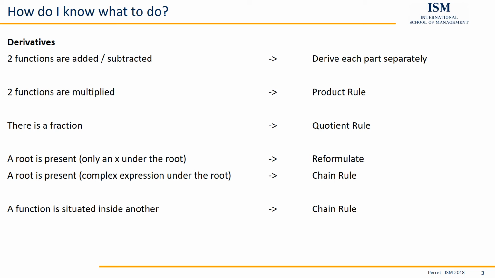So that's how you can detect where to use the chain rule. That's then all there is. You can combine two functions with plus, minus, multiplication, division, or insert one function into another. And only in some very rare cases can you make it easier by just getting rid of roots or fractions.